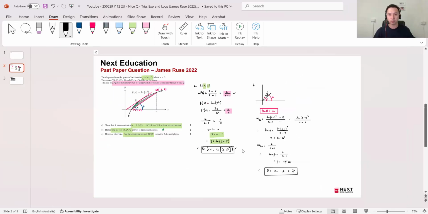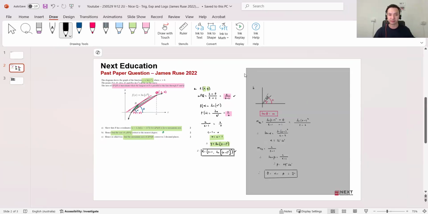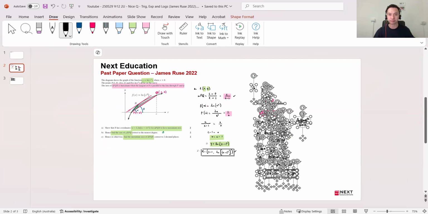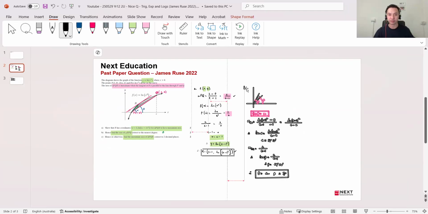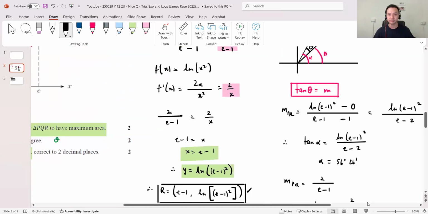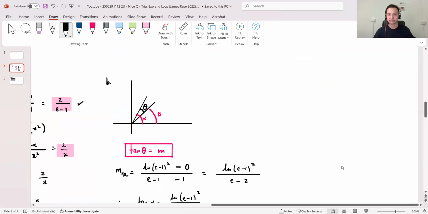So I will shuffle over slightly here. Just give me a little bit of space. Okay, should be enough space.